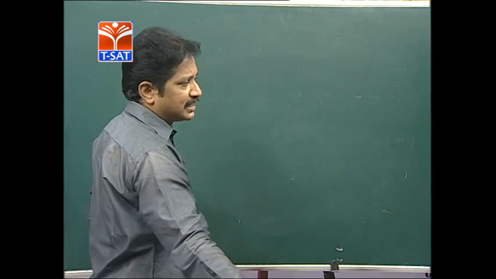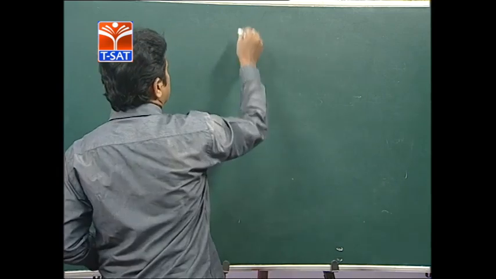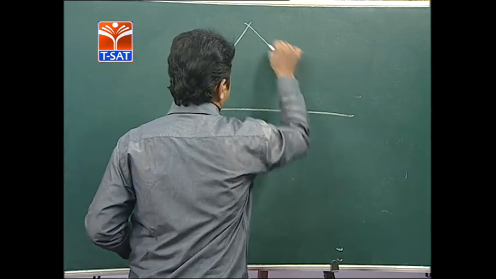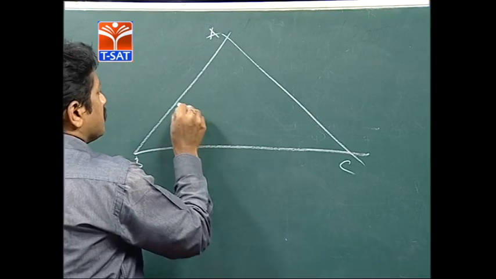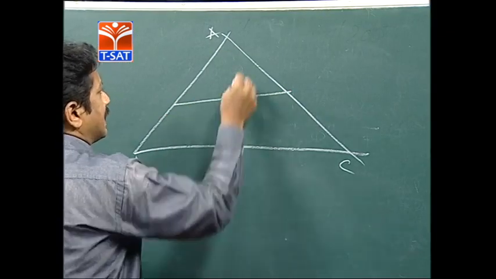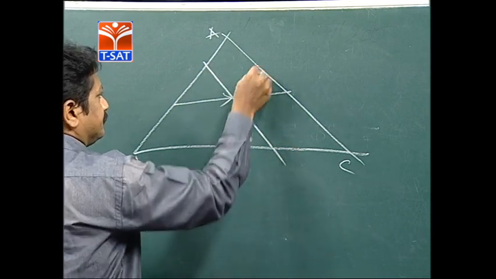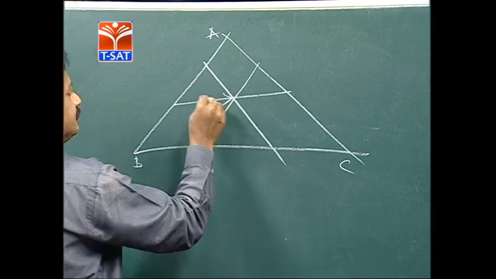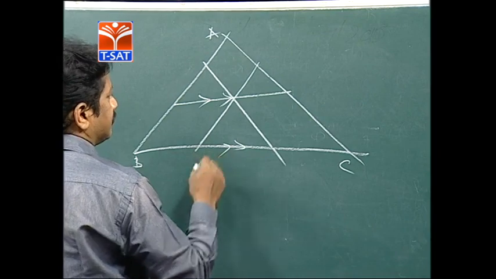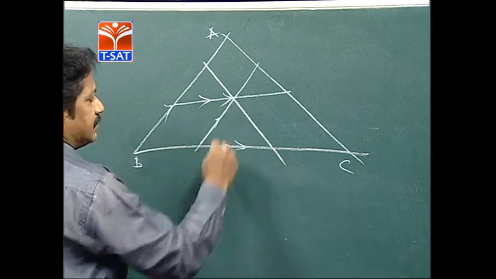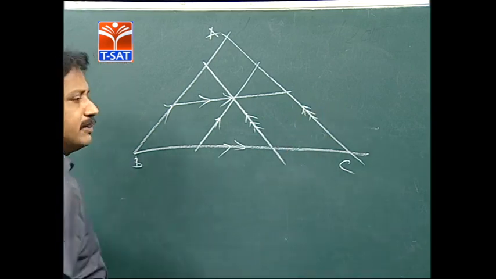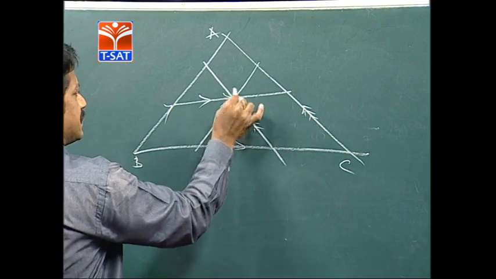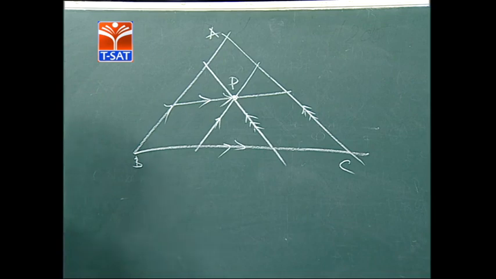Now based on BPT, the first one is a triangle ABC. Three lines are drawn parallel to the three sides. This line is parallel to this line, and this line is parallel to this line, and this line is parallel to this line, through an interior point P. Then it divides the triangle into various parts, correct?